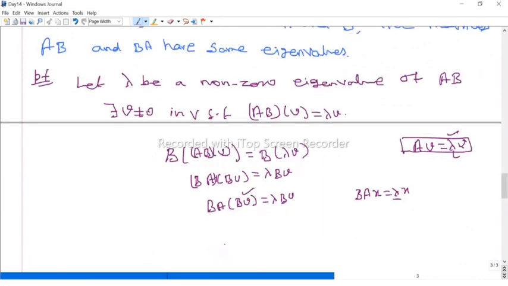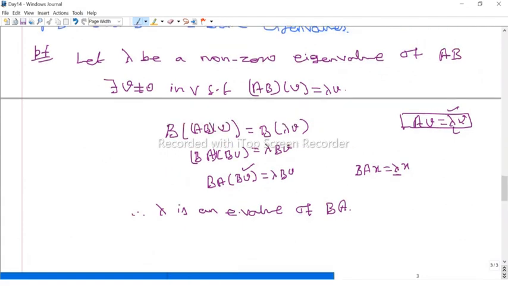So from this we can conclude that lambda is an eigenvalue of BA. We started with lambda as a non-zero eigenvalue of AB, and now we have proved that lambda is an eigenvalue of BA.